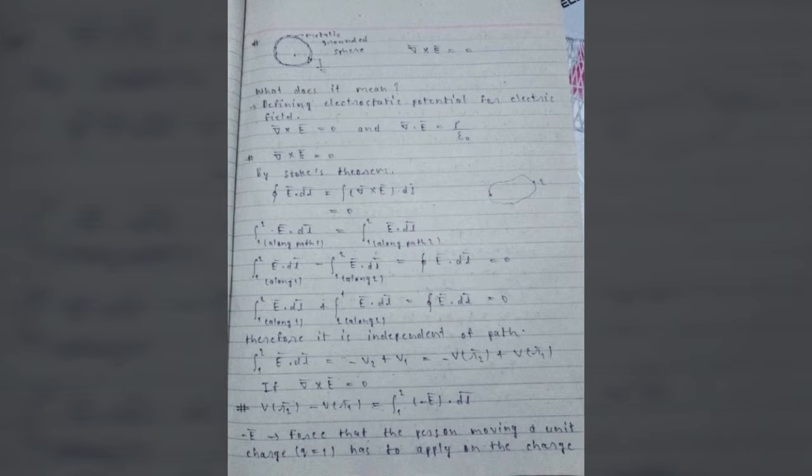I will make this plus and change this from 2 to 1, because going from 1 to 2 is the same as minus going from 2 to 1, and therefore it becomes 1 to 2 plus 2 to 1, which becomes the integral over the entire closed path of E dot dl, which is 0. So this condition implies this and vice versa.